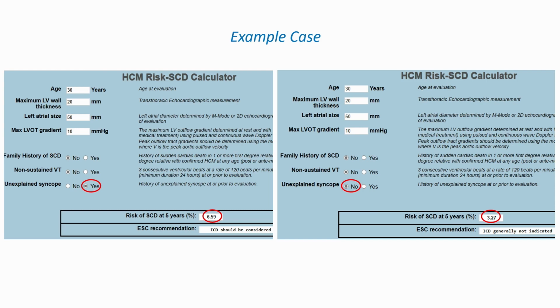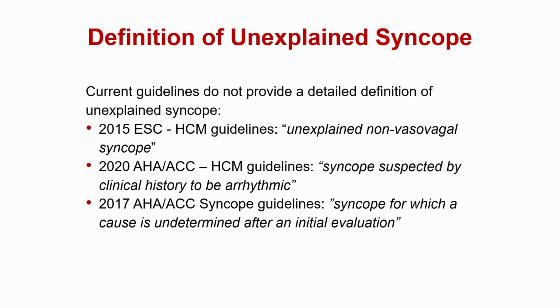If you say no syncope, the score is 3.27. This means no ICD. So most of the decision depends on an adjective, unexplained. And unexplained is not defined in the guideline.